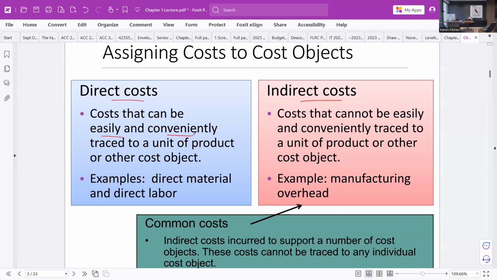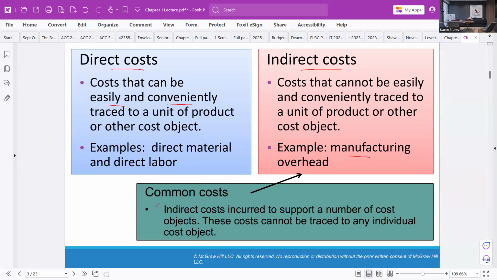For example, we have direct materials and direct labor. Indirect costs, on the other hand, are costs that we can't easily and conveniently trace to the cost object. A good example there would be manufacturing overhead. So the difference between direct costs and indirect costs: direct costs are traceable, indirect costs are not traceable.